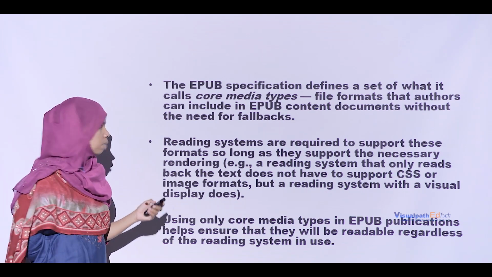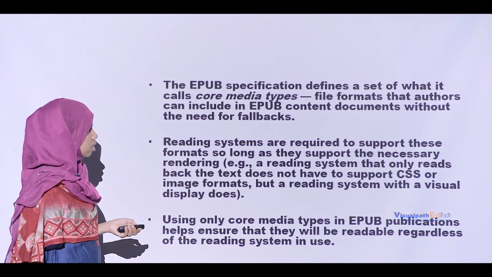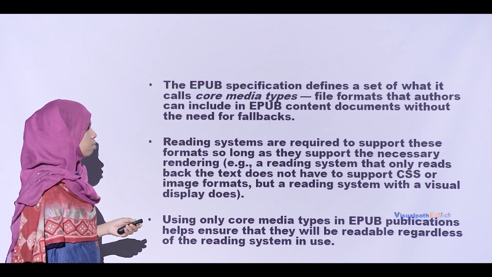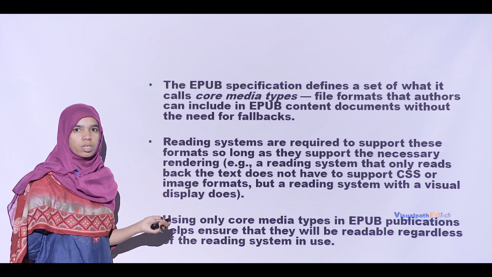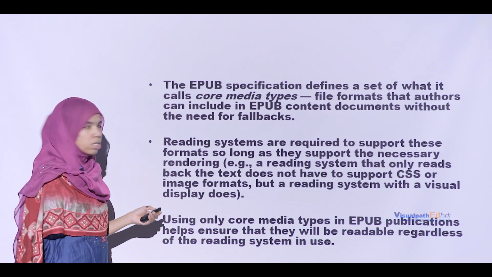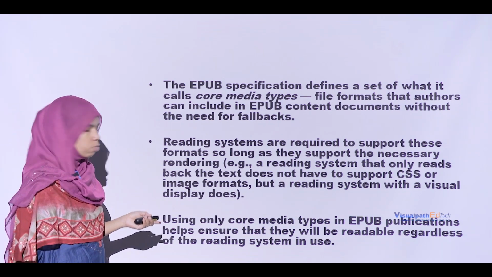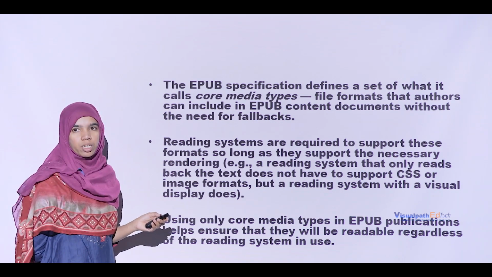So at that time we will make use of these media types. Reading systems are required to support these formats. If you are using some image file, you will use it with the .jpeg format, which is readable. That is how we maintain the media type.